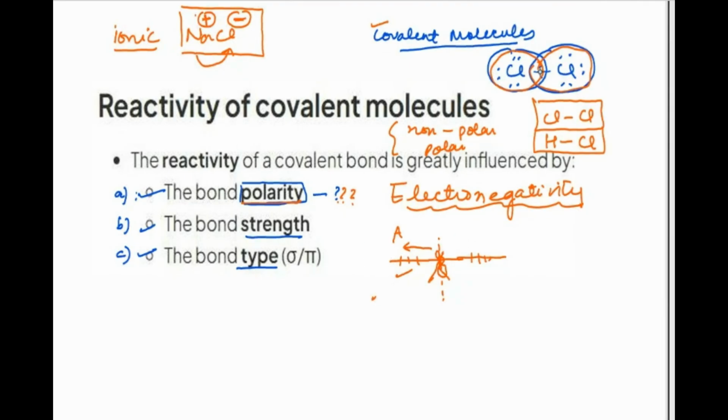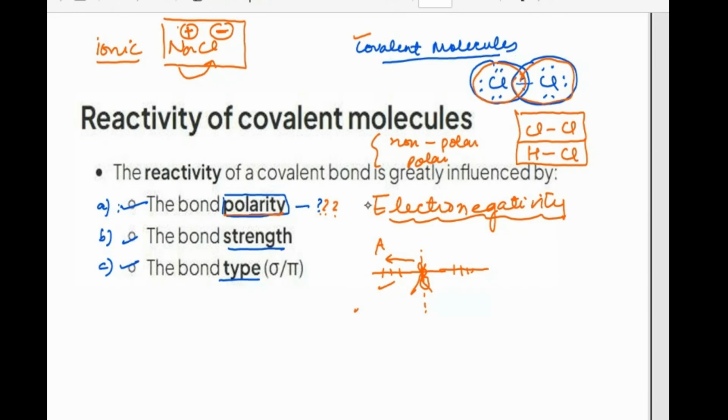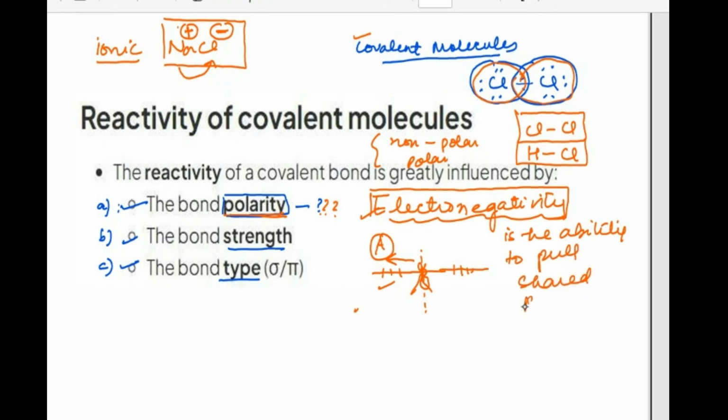So the same happens in the case of covalent molecules as well. But that pulling depends on the strength, isn't it? If A is stronger, then A pulls the rope, where the ribbon is tied, towards themselves, right? So it all depends on the strength of the team. So here also we talk about the strength in the case of polarity. So in a way, we say that electronegativity is the ability to pull a shared pair of electrons towards itself.